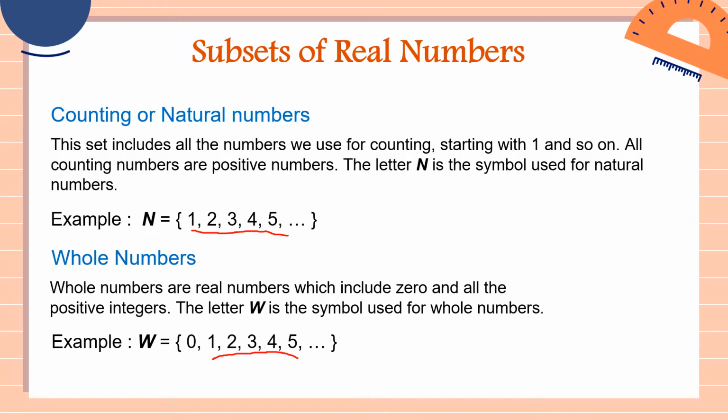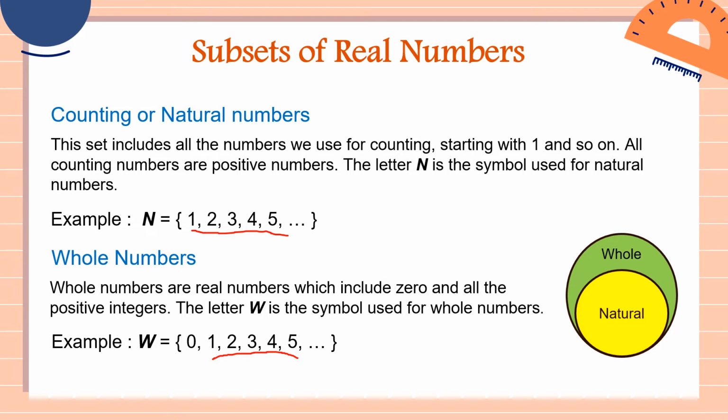If you draw this on a Venn diagram, we have natural numbers, and the natural numbers are a subset of the whole numbers. The natural numbers are inside the whole numbers. Therefore, we can say that natural numbers are a subset of the whole numbers. I hope it's clear for you with regards to the Venn diagram. Why is that?